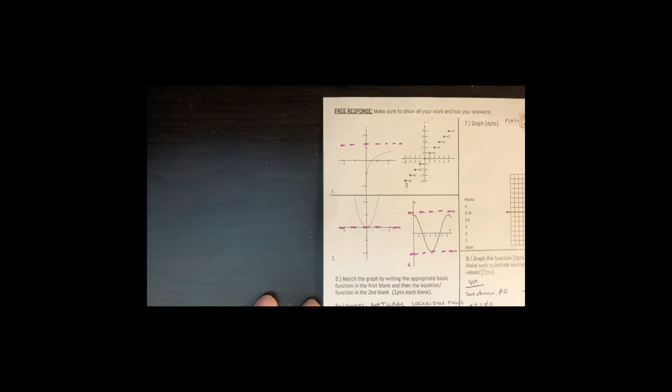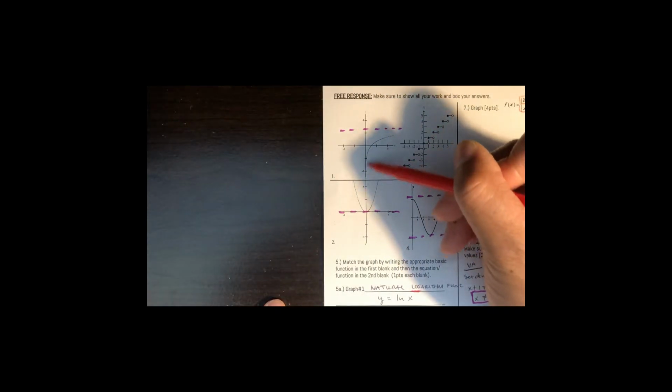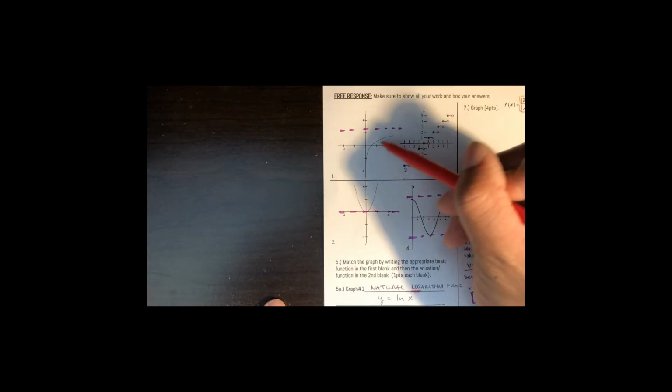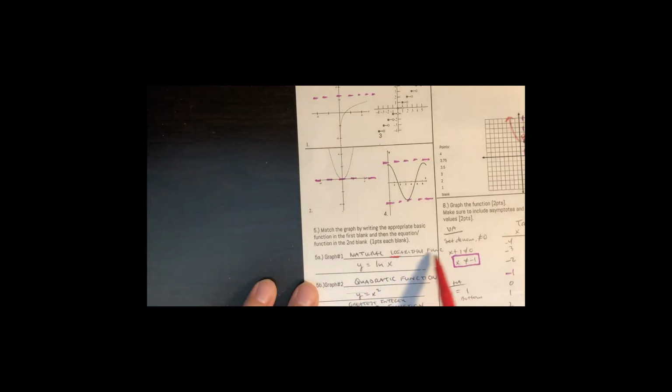I have 4 graphs here. It tells us to match the graph by writing the appropriate basic function, so the name in the first blank, then the equation or function in the second blank. So look at the first one. It's approaching here and going up here. This is the natural logarithmic function.